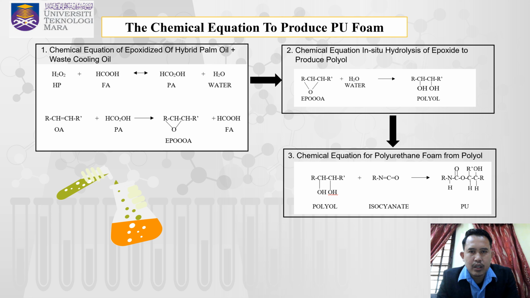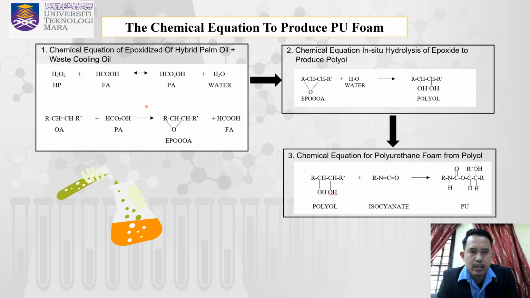So for the chemical equations to produce the PU foam, there are three chemical equations. Firstly is the chemical equation of epoxidized oil, palm oil, waste cooking oil. Normally we use hydrogen peroxide. This one is hydrogen peroxide. We react it with formic acid to produce performic acid and water.